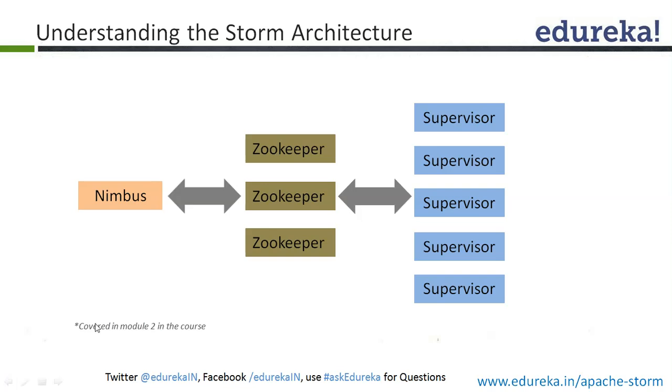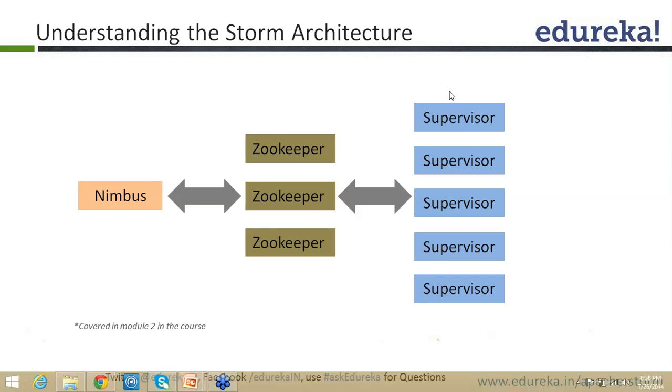You can see that it is covered in module 2 of the course, where we explain this in more detail. We first install it, and when we configure each of the Storm configuration files, many of these things become clearer.